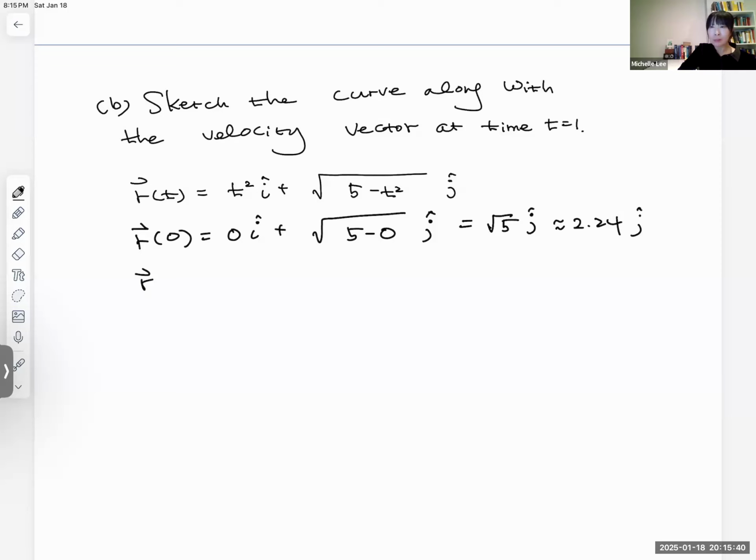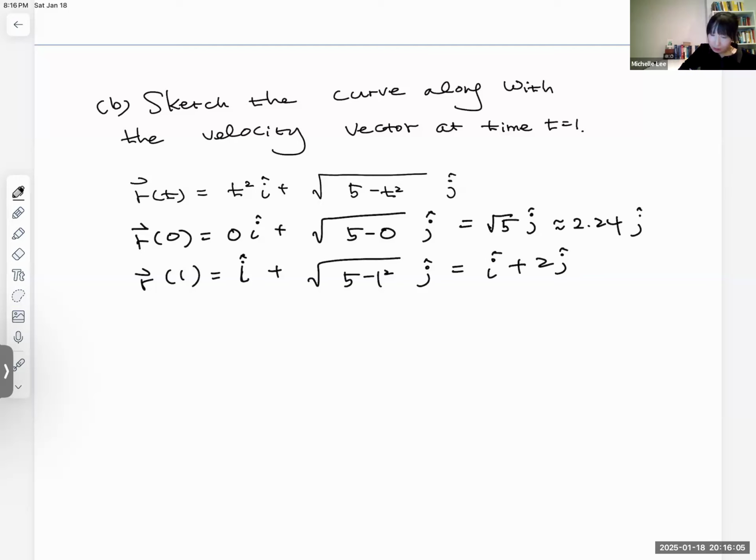Okay, how about 1, right? So 1, we have 1 squared, which is 1. So I had plus square root of 5 minus 1 squared, j hat. So that would be i hat plus square root of 4, which is 2 j hat, right?